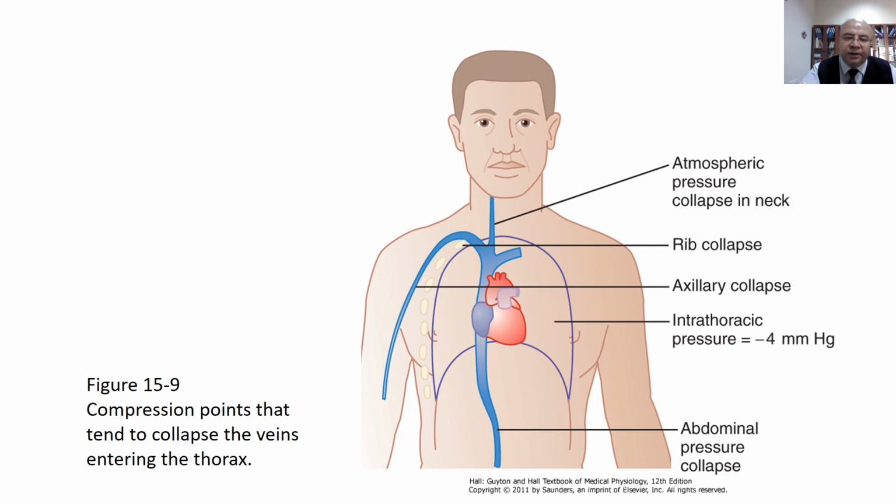So here, compression points that tend to collapse the veins entering the thorax are shown in this figure. Here there are ribs, here there is the clavicle. So atmospheric pressure collapses the veins in the neck, the rib collapses them here, as you can see, and abdominal pressure collapses them here, and intrathoracic pressure also affects the pressure around large veins due to respiration.